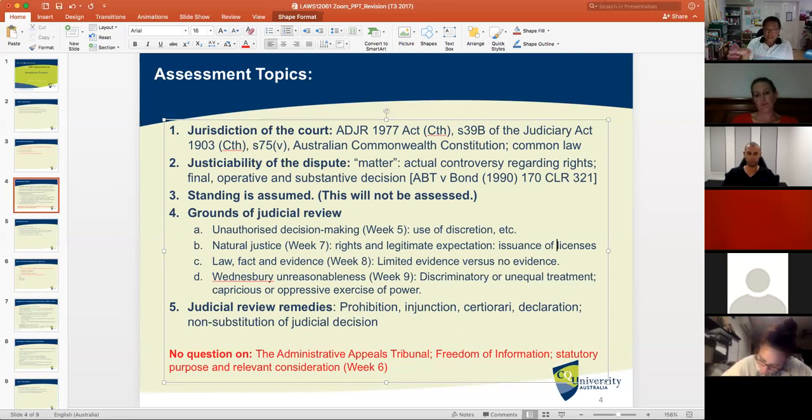So we've discussed the judicial review remedies. Let's talk about non-substitution of judicial decisions. This is the other point.